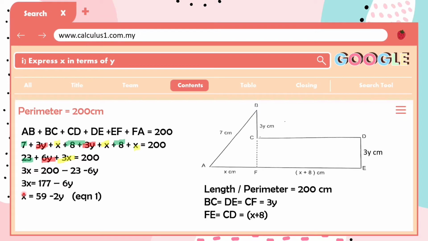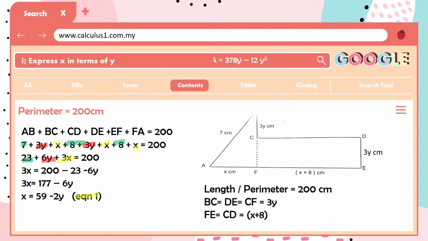To find the value of x, we divide by 3. We divide 177 by 3, and we divide 6 by 3, and then we get x equals 59 minus 2y. We denote this as equation 1.